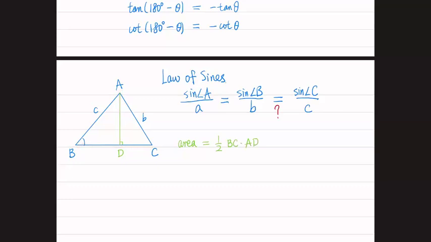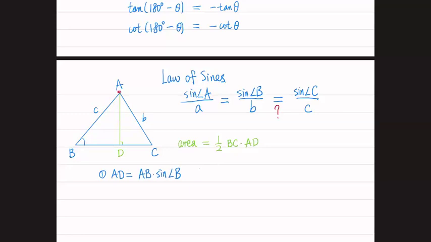Okay, now we have two ways to understand this AD. First way, using this right triangle. Let's start with that.